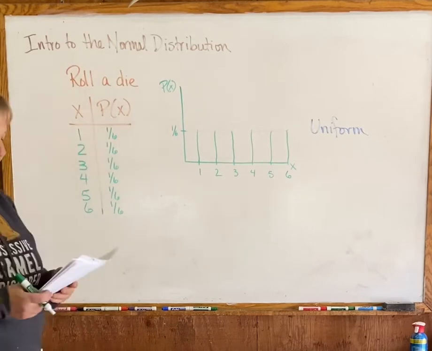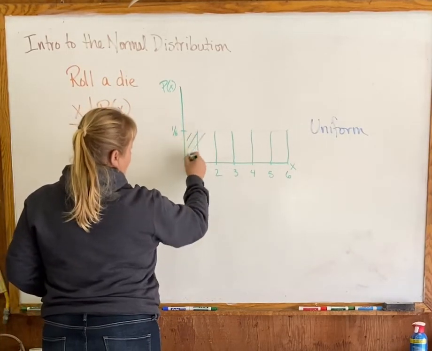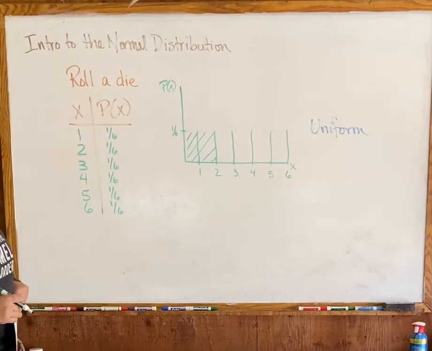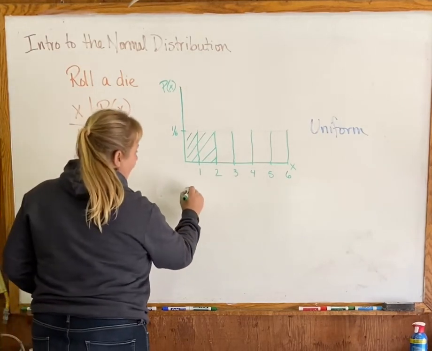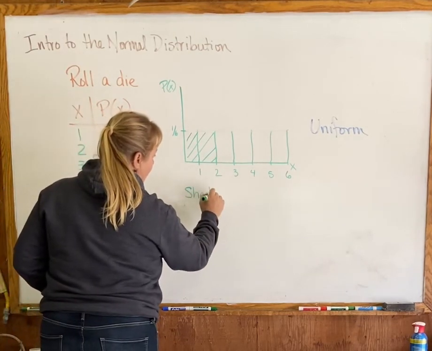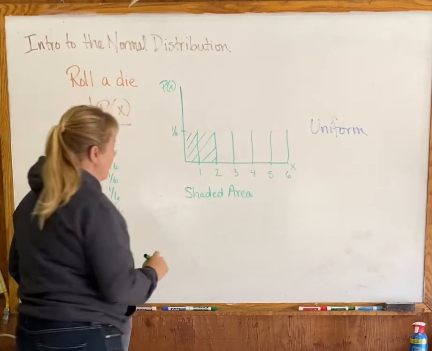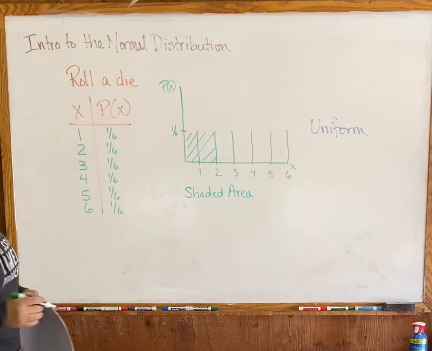We're getting there. So what I want to do is shade in a portion of this graph. I'm going to shade in that much. Because it's a rectangle, I want you to find that shaded area. Like I said, because it's a rectangle, we should be able to find this.